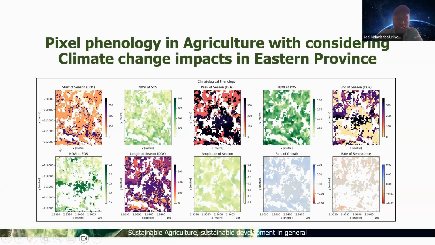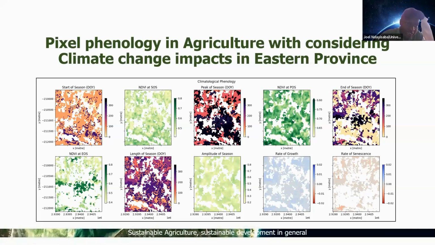So here you see the start of season day of year. At the start of season, you see we have Y. This Y represents the coordinates, and X in meters. You see at the start of season, the area that is light has a low amount of vegetation.